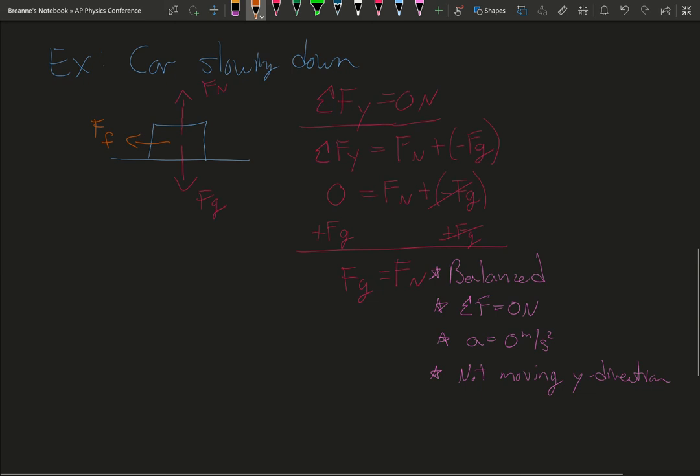Now force of friction always goes against the motion. So the car is moving to the right, or you can make it move to the left, doesn't matter. But the car is moving in one direction, so the force of friction would be going in the opposite direction. So this would be your free body diagram.